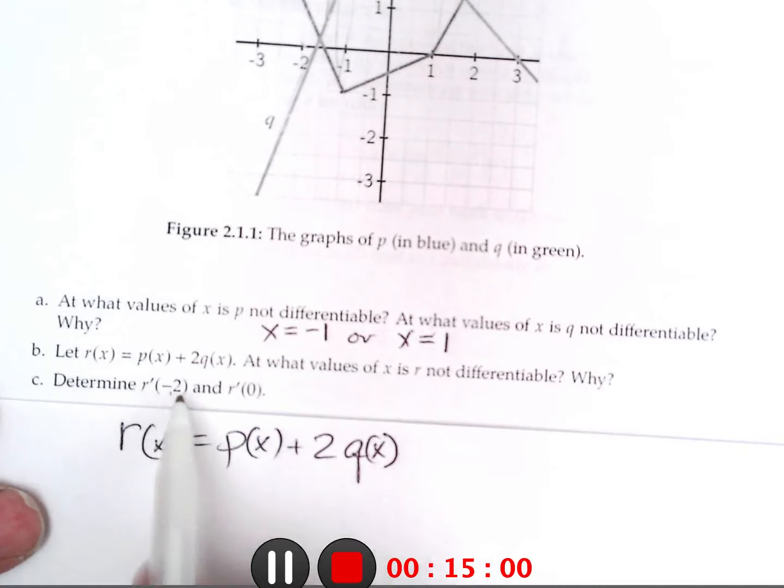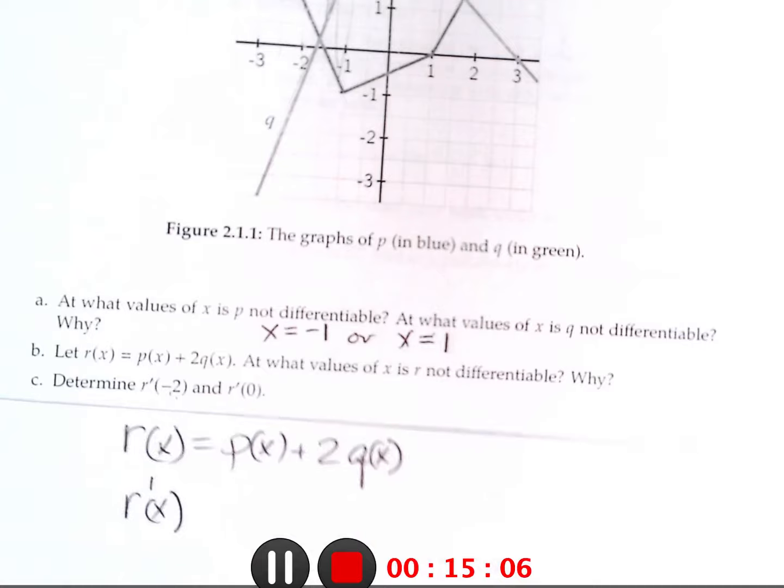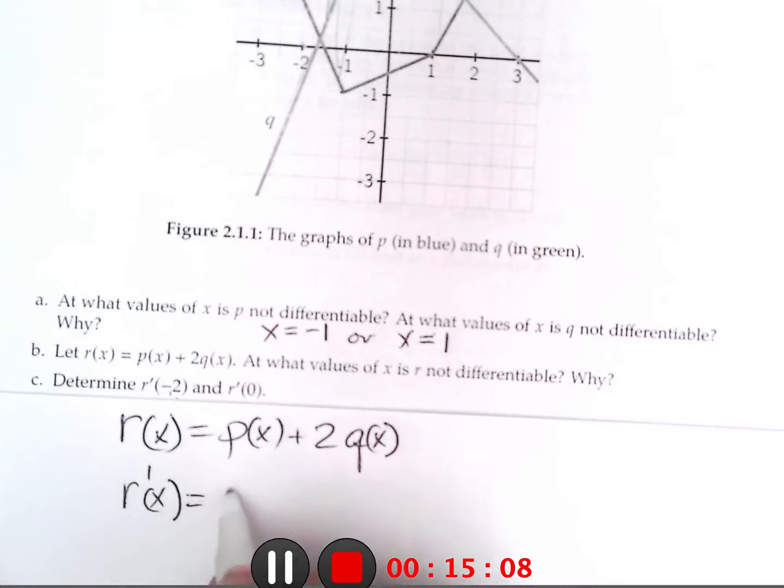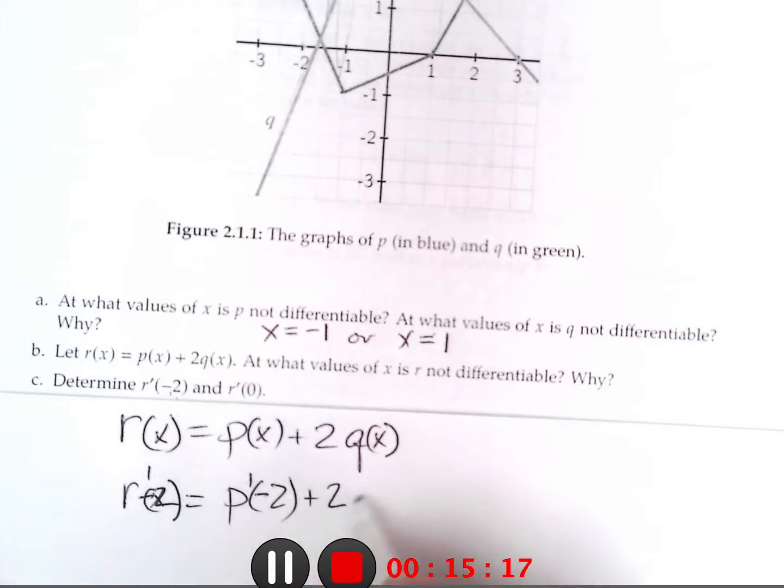So r prime at negative 2 will be p prime at negative 2 plus 2 times q prime at negative 2.